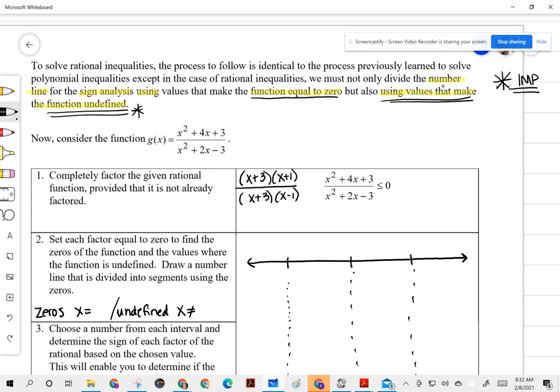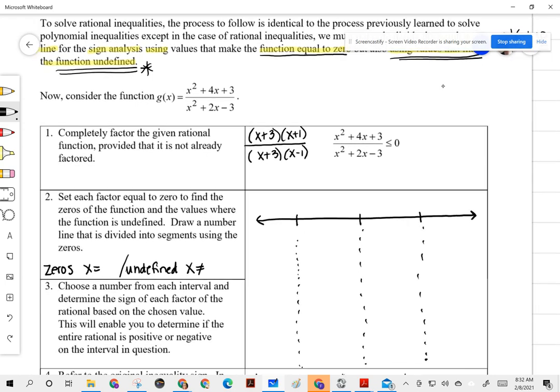So what we want to do on step number 1 is obviously completely factor, which you can see here that I did, making sure that you are copying the original problem, which says where is the function less than or equal to 0. So what we're going to do now is we have to set each factor equal to 0 to find the zeros, and then also where the function is undefined.